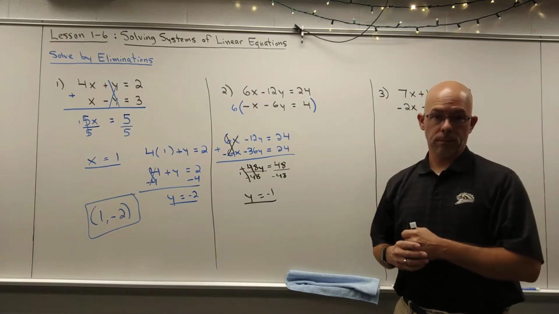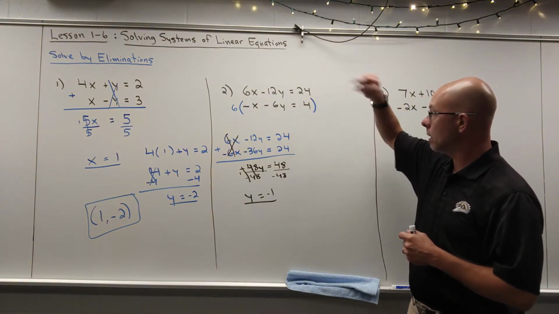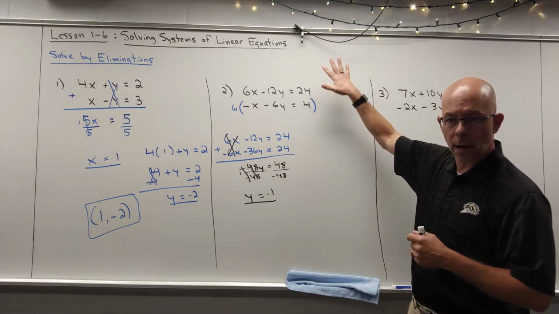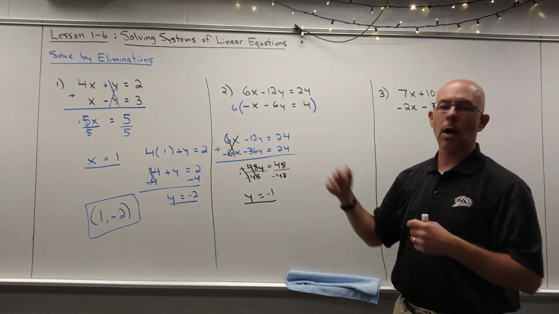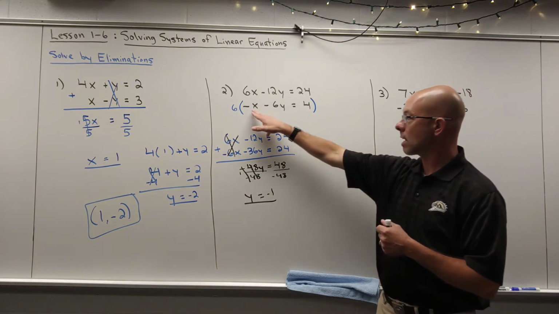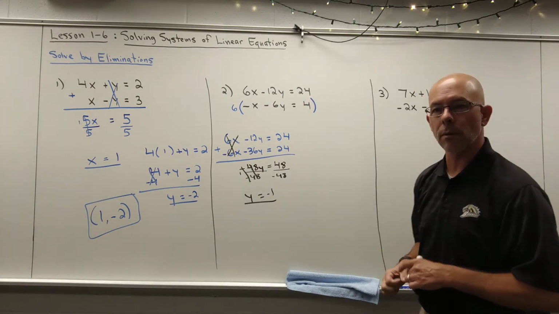There's your y value. This time you go back to the beginning, and you can pick either equation of the original, go back to the original problem, plug that y in and solve for x. I'm going to choose the second equation, even though it's got some negatives involved. The numbers are much smaller than the top equation, so that's just my reasoning.